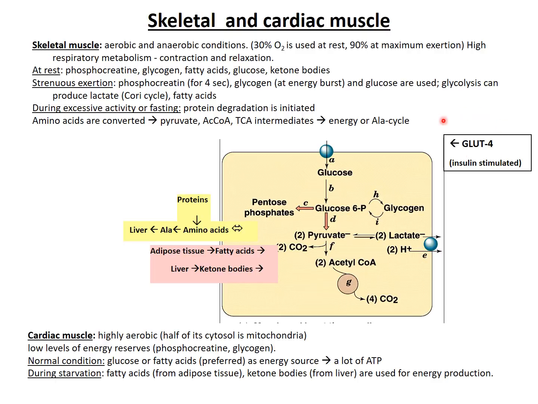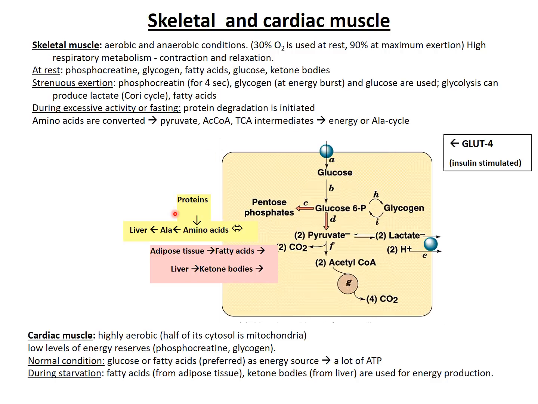You remember that GLUT4 is the typical glucose transporter. When there is enough glucose available, or excess glucose available, it is insulin stimulated. So it means that the skeletal muscle can take up more glucose and help to reduce the high circulating glucose level to normal level after we have eaten.